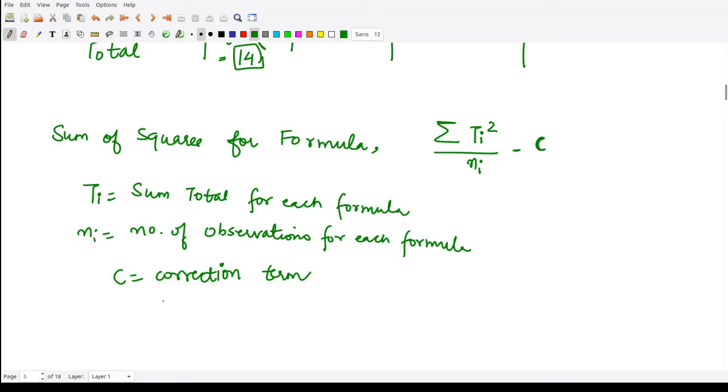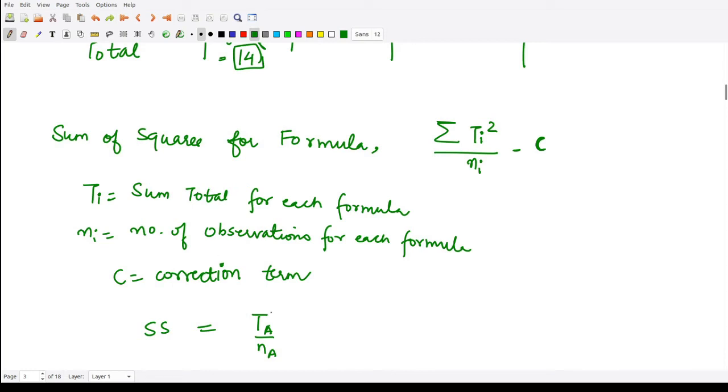So this is the sum of square SS for formulas. It is calculated as Ta square by Na plus Tb square divided by Nb plus Tc square by Nc, minus C. Okay, the summation is not varying over C. It is only varying for Ti upon Ni.